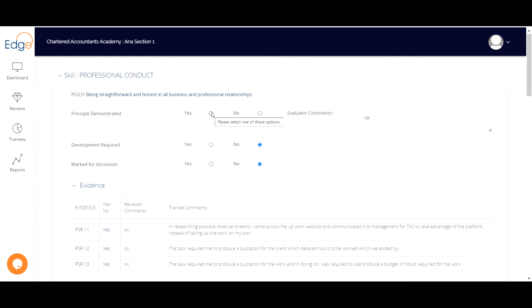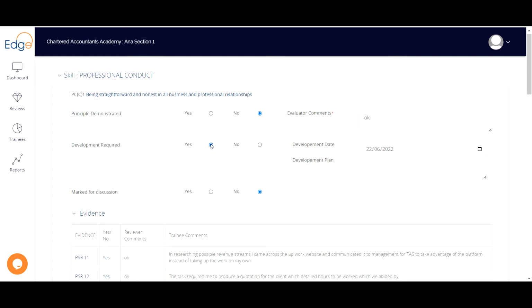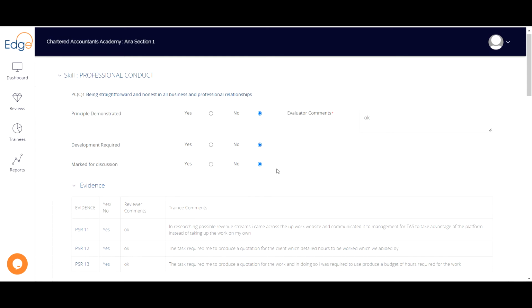If you feel it was demonstrated, you click on yes. Or you click on no if you do not feel it was sufficiently demonstrated. You can also choose to raise the development plan for them. If you click on yes, the text boxes for the development plan appear, where you can craft a development plan for them, or you can click on no.